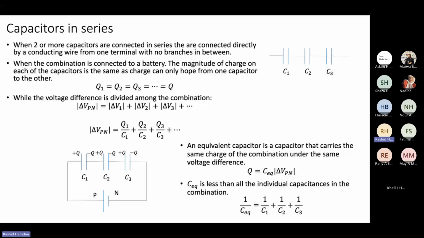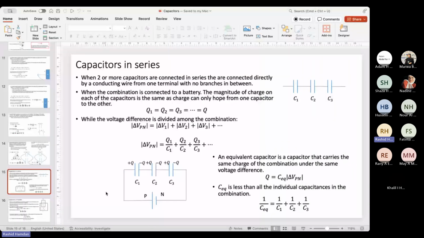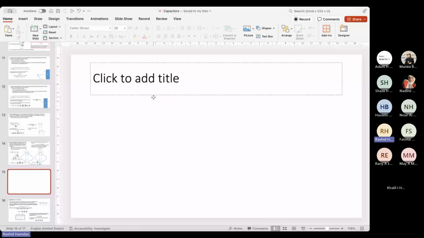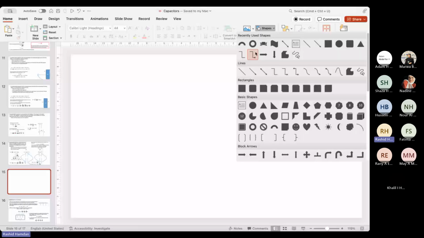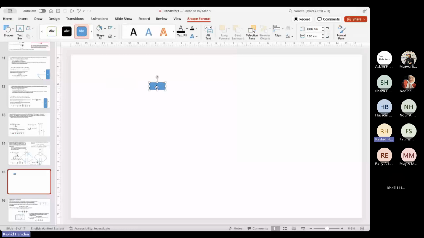Let me actually open a white screen first, and then I will move to the specifics. Okay, so if we have two components of the circuit, they could be batteries, they could be capacitors, later on we're going to see we're going to have resistors.